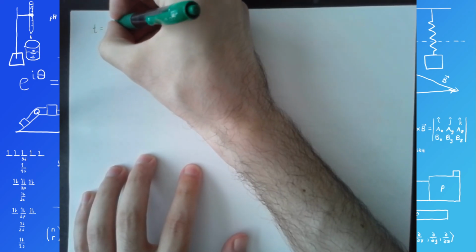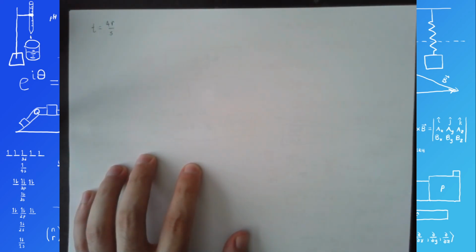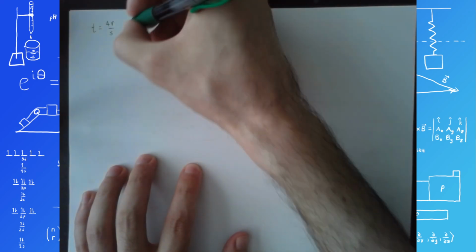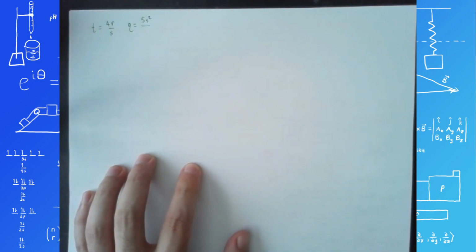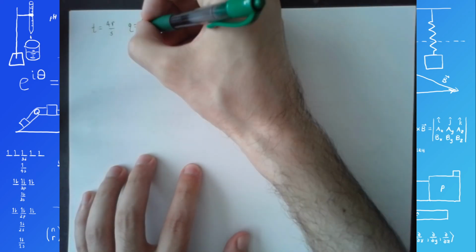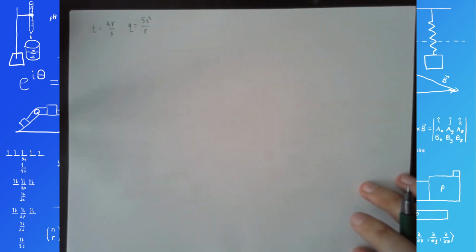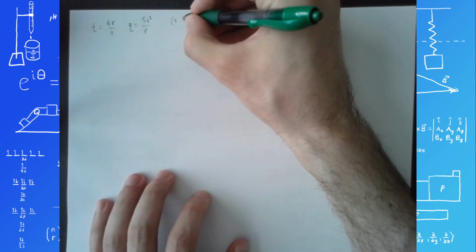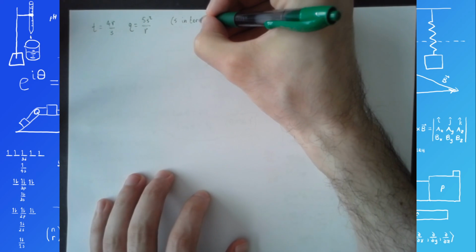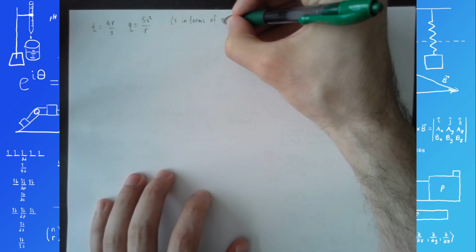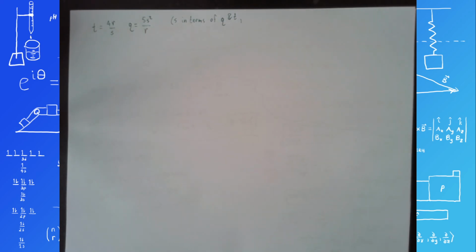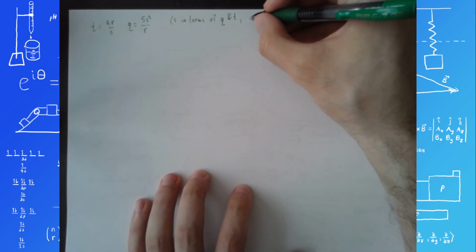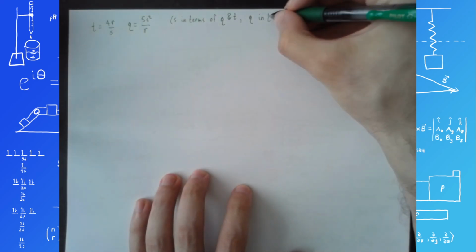Then it says solve for s in terms of q and t, and also solve for q in terms of r and t.